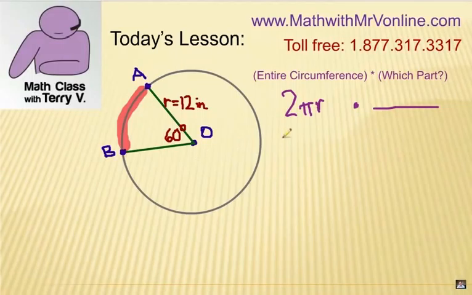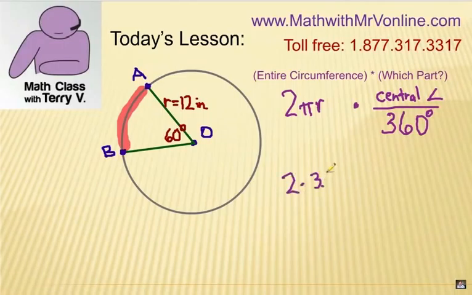All right, so to determine which part of the circle we're talking about, we're going to take the central angle from the arc, the central angle, and compare it to the entire circle, which of course is always going to be 360 degrees. Now in this practical example, with the radius of 12 and the central angle of 60, we're going to take 2 times 3.14 times the radius of 12.